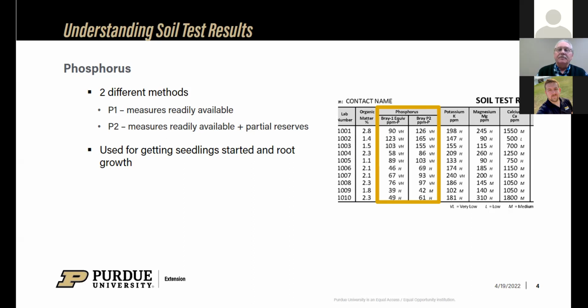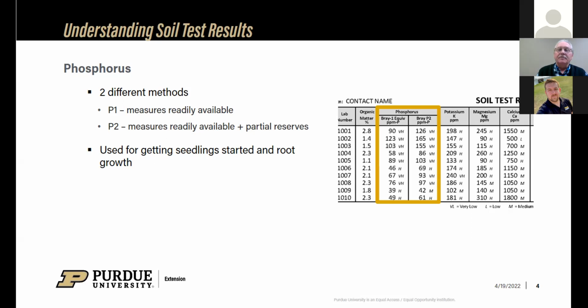Once we get into the nutrients, the lab here does a good job of trying to label. You'll see that little VH or H next to the number. That just means that VH stands for very high. The H stands for high, and I think there's an M in there.